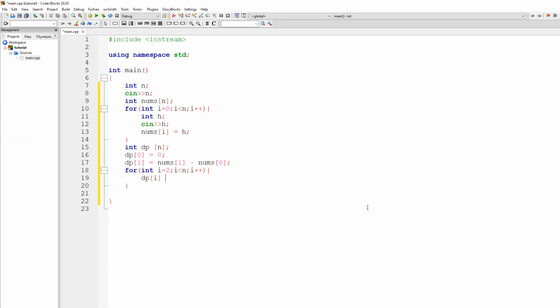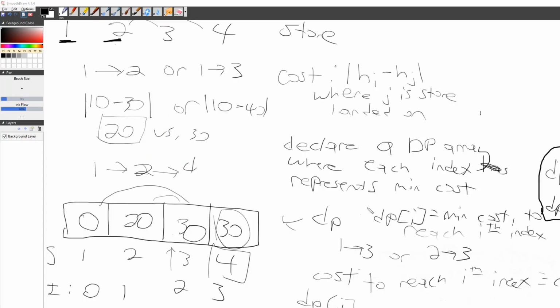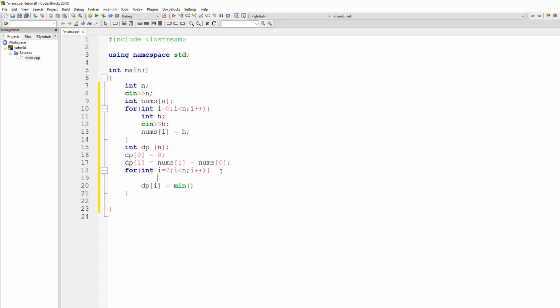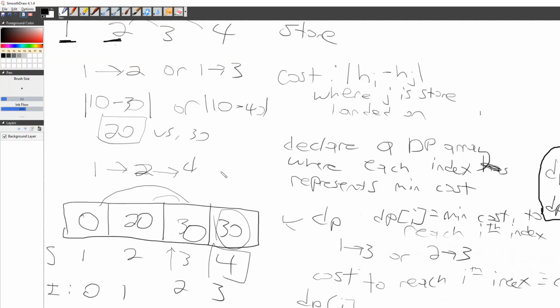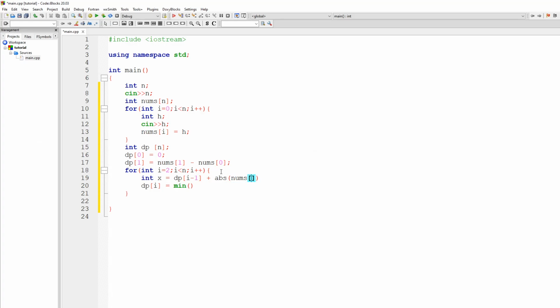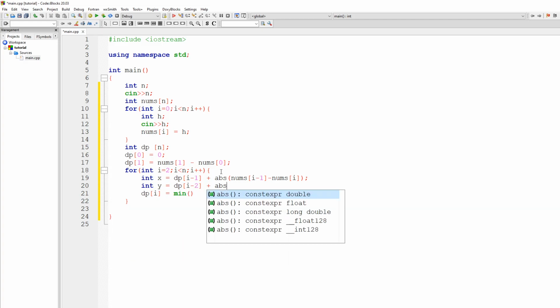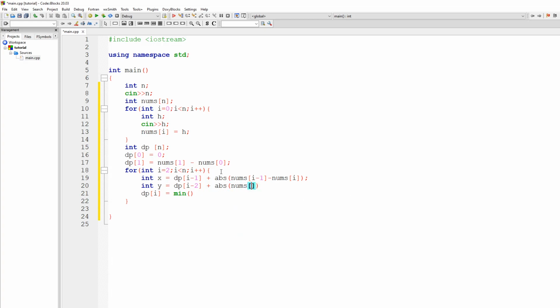So dp sub i equals the minimum of, I'll just do this, int x equals dp sub i minus 1 plus absolute value of nums sub i minus 1 minus nums sub i, and int y equals dp of i minus 2 plus absolute value of nums sub i minus 2 minus nums sub i.